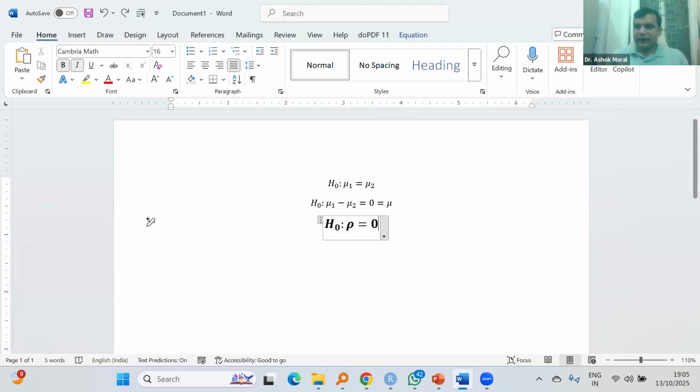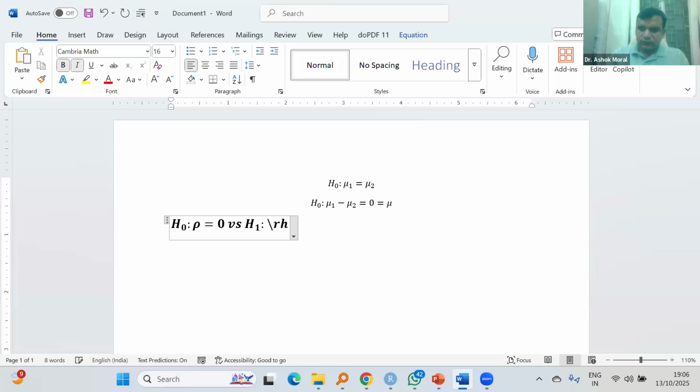The alternative, again, can be H1 such that rho is not equal to 0, or greater than 0, or less than 0, depending on that.